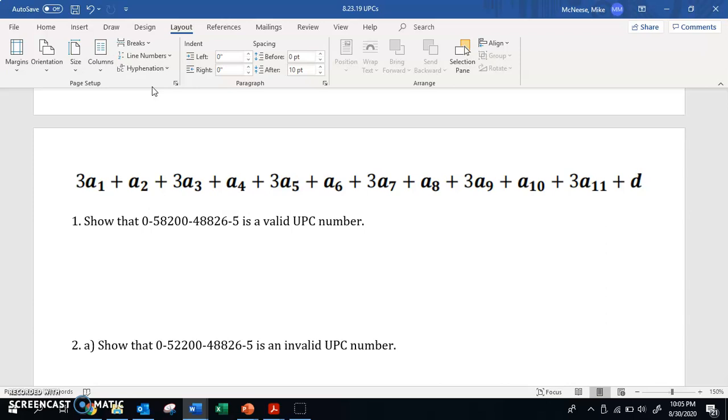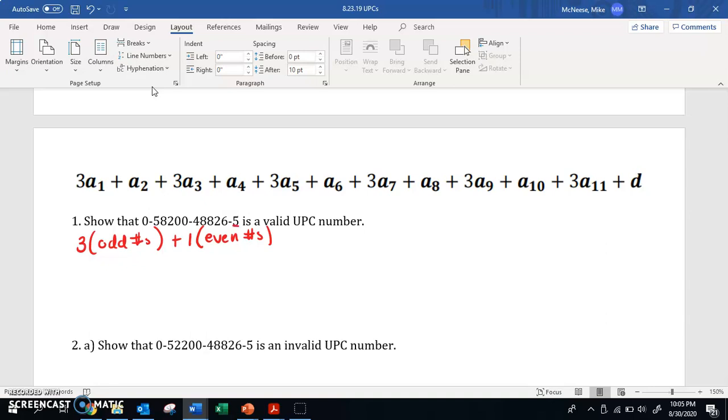So I'm going to have 3 times odd numbers plus 1 times even numbers. Okay, here, let me flip my page real quick. So all of this value has to equal a number that ends in 0 for it to be a valid check number.